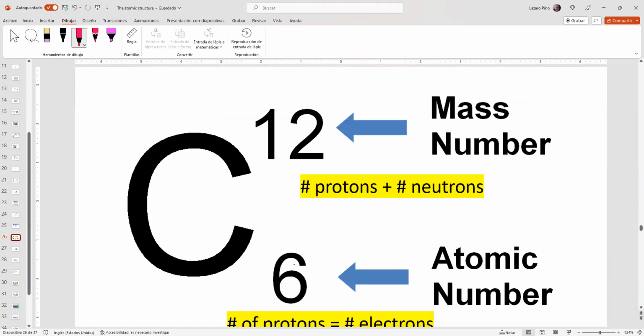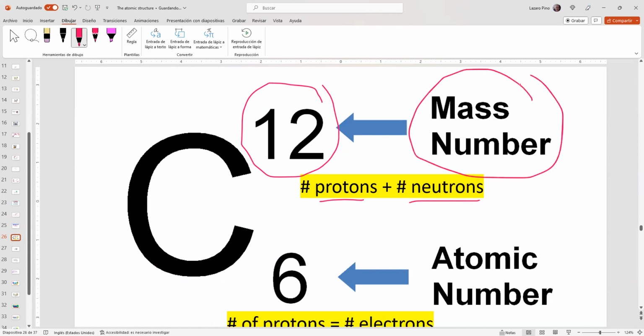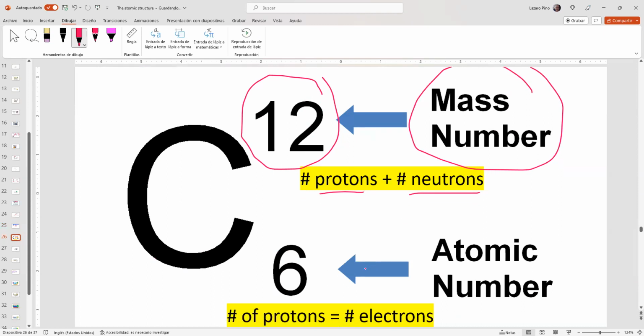If you go to the periodic table, as I told you before, the atomic mass is the big number that you can see beside the symbol of the element. The atomic mass is the sum of protons and neutrons and represents the mass of the atom, while the atomic number is the number of protons.